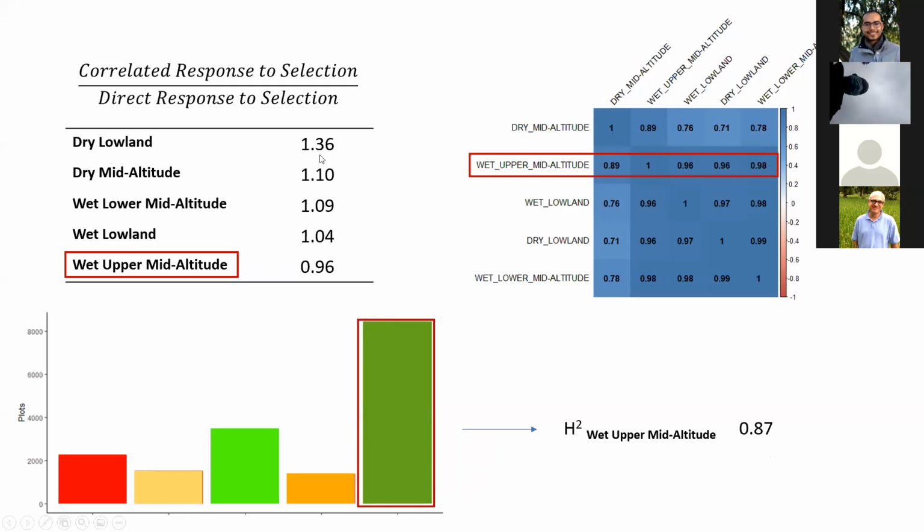So if you split them, you obviously would make just a tiny bit more genetic gain in this environment, but you would lose all the information that you get from this environment that goes in the other ones.